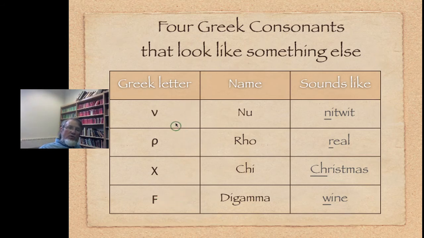Four letters that look like what they aren't. This symbol encodes the sound N, H, W.